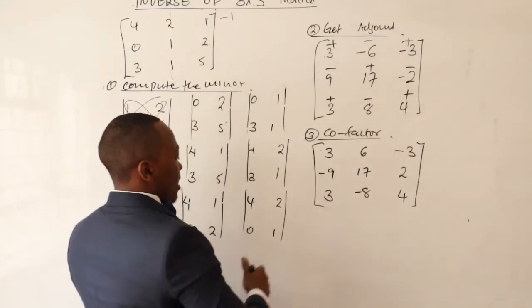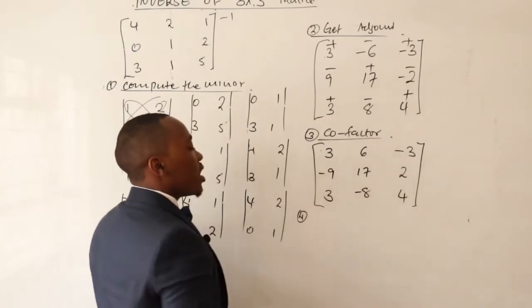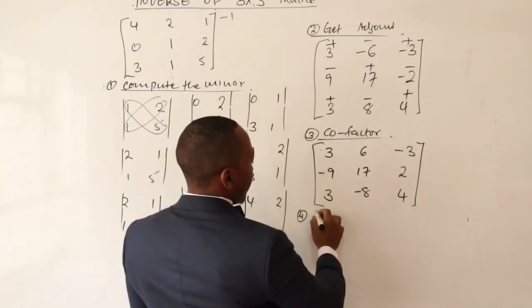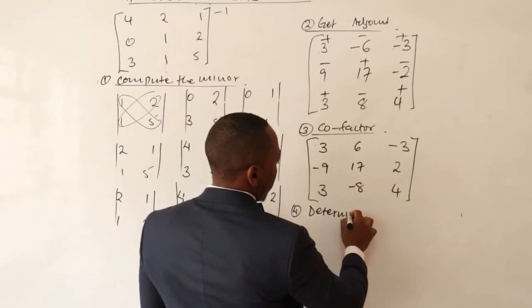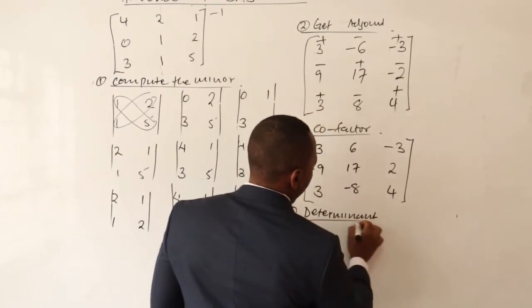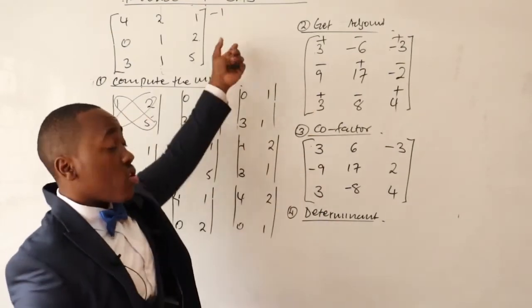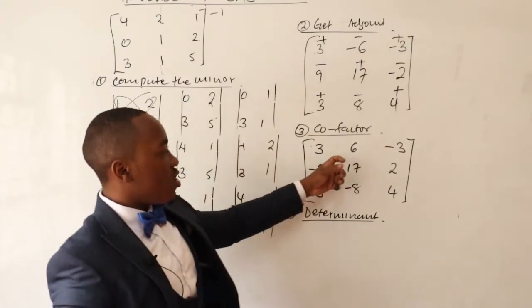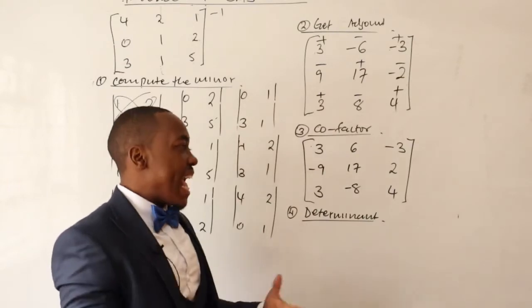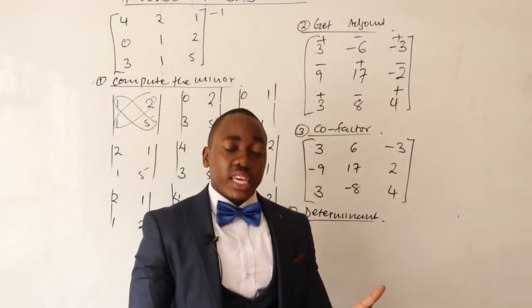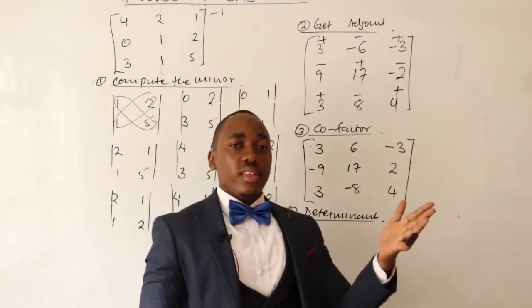After we get the cofactor, step number 4, you are supposed to get the determinant. And how do we get the determinant? We say that to get the determinant, you take the original matrix, you multiply by the cofactor. You can just choose any, either the first row, second row, or third row.